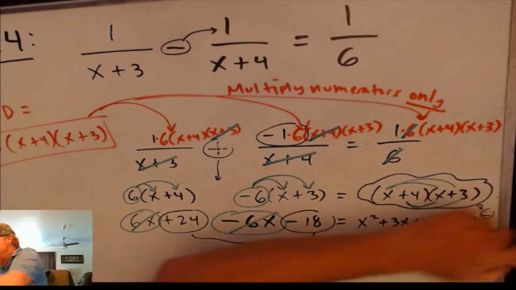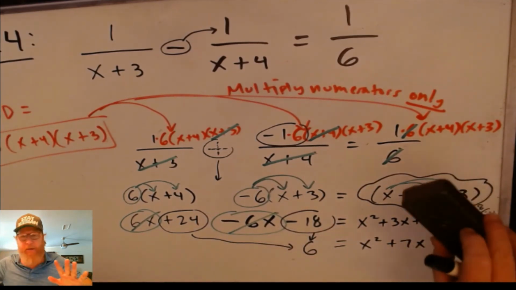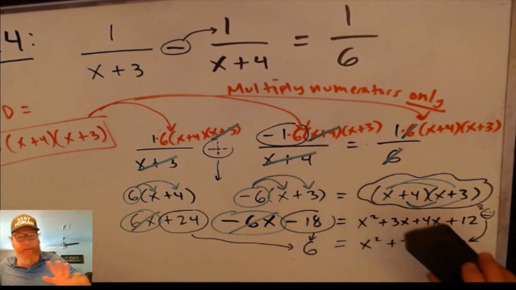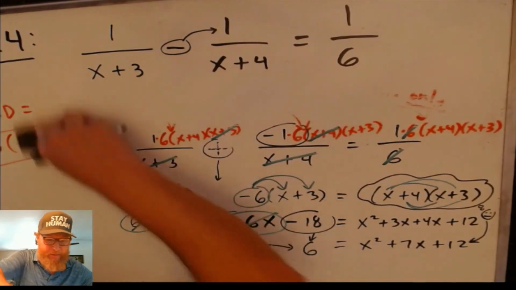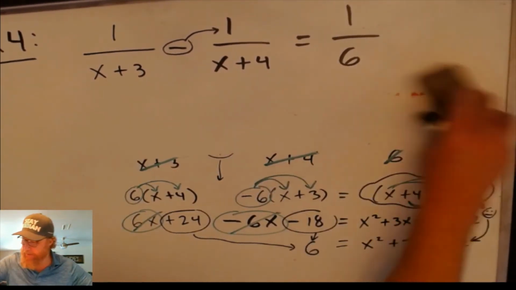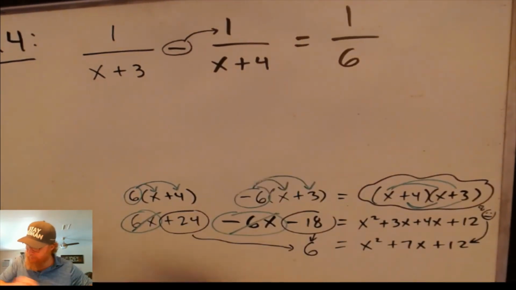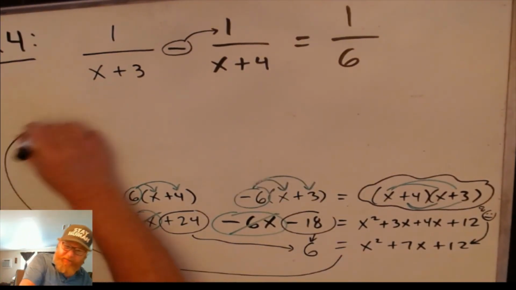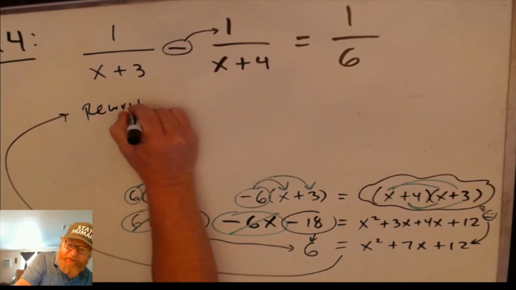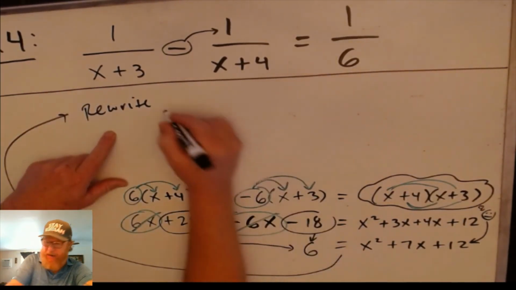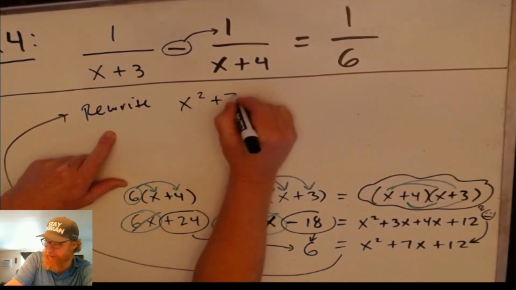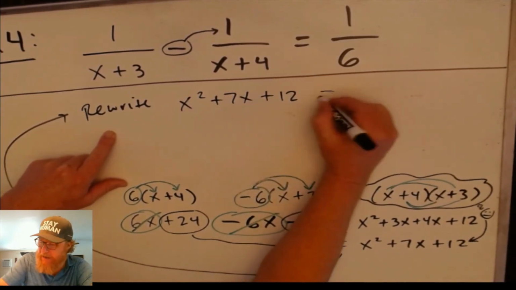All right. Moving right along. Let's see. I'm going to have to erase some of this stuff. I'm not sure if I've shown you this trick before, but oftentimes I like to rewrite the equation. I like to write it x squared plus 7x plus 12 equals 6.